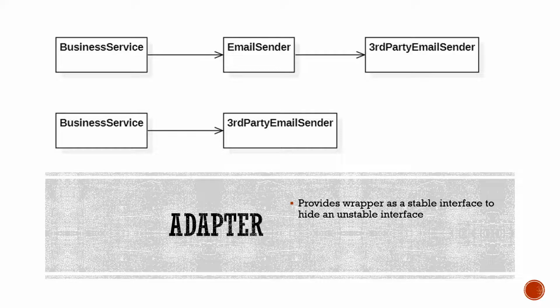So we provide an intermediate object, which is an email sender class object. So the business service doesn't couple itself directly to the third-party email sender class, but it uses the email sender, and the plan here is to make the email sender interface as stable as possible, and it hides the unstable third-party email sender.